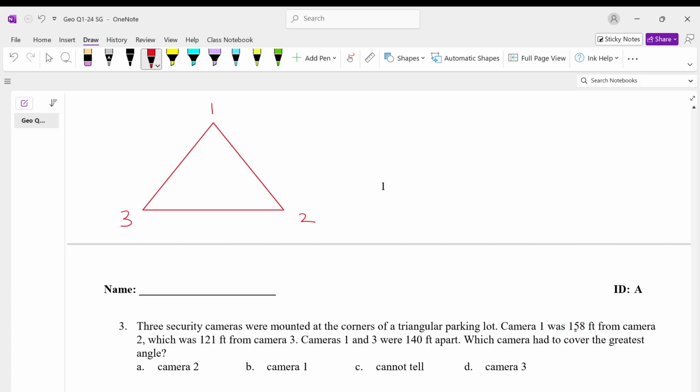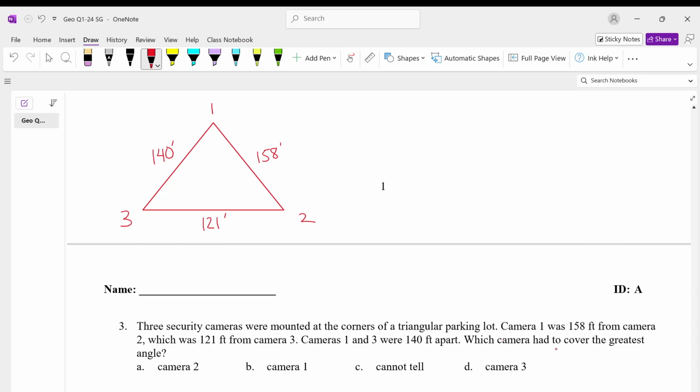Camera 1 was 158 from camera 2. So from camera 1 to camera 2 is 158 feet, which was 121 feet from camera 3. So these two are 121 feet apart. Cameras 1 and 3 were 140 feet apart. So this side is 140 feet.